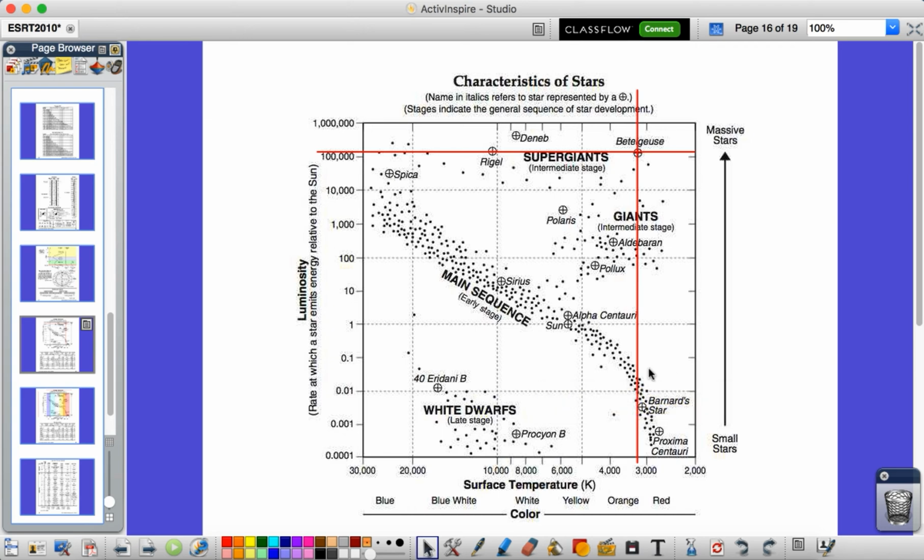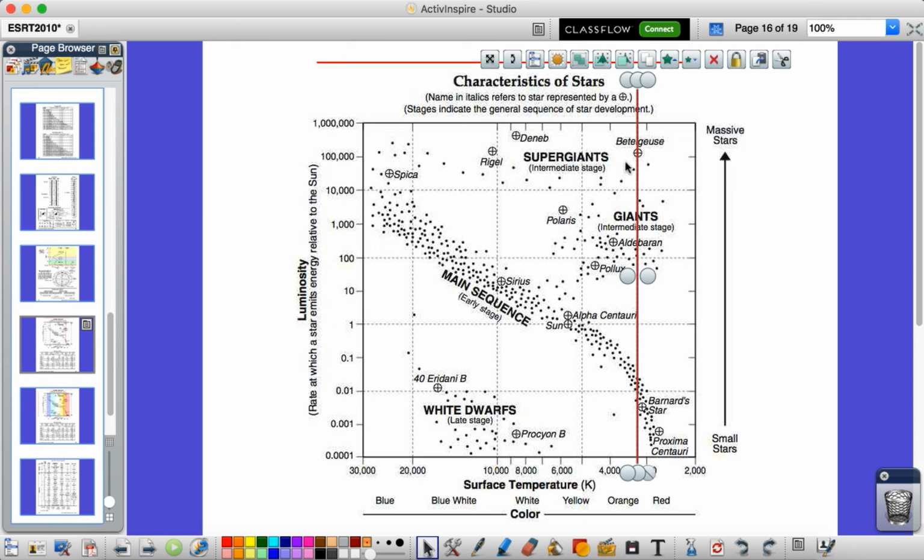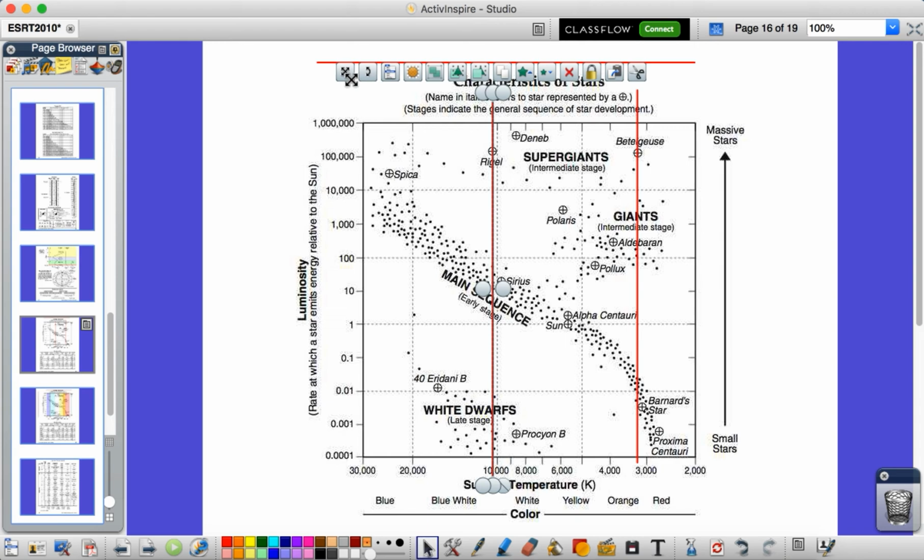So now let's compare a couple of other stars and try to figure out which one's bigger. So let's take a look at Betelgeuse and let's take a look at Rigel. Now here's the thing. What do Betelgeuse and Rigel have in common? Well, Betelgeuse and Rigel are approximately the same in luminosity.